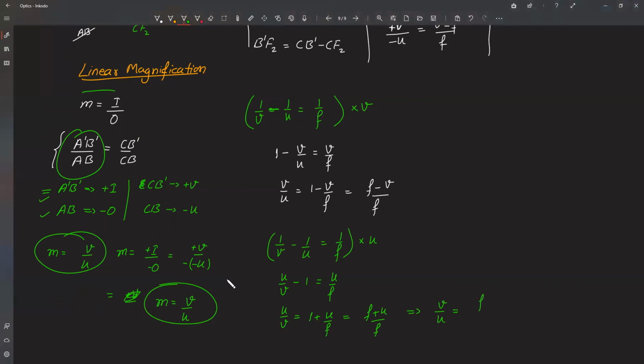V by U is equal to F divided by F plus U.